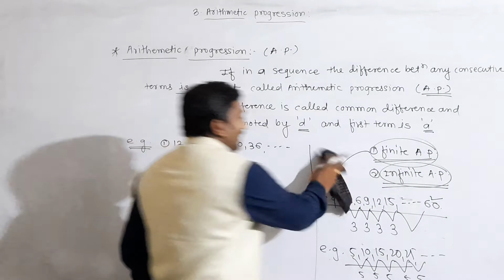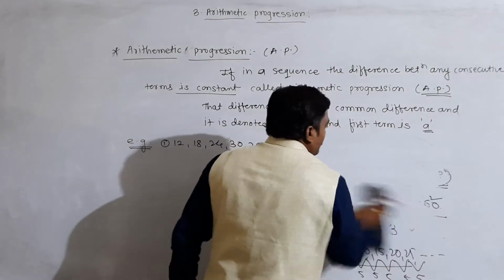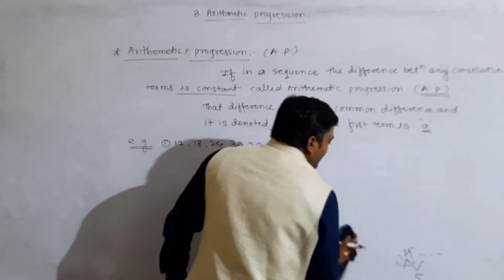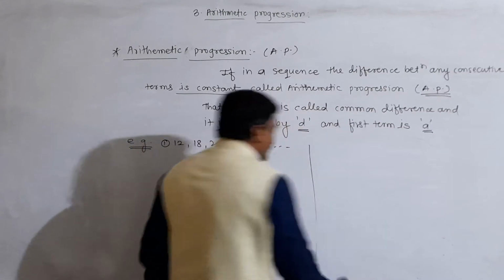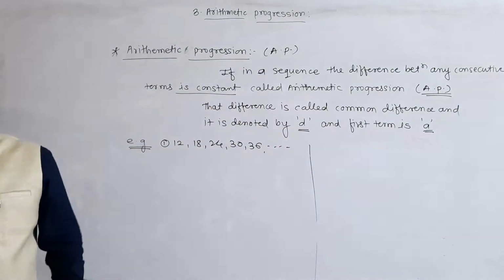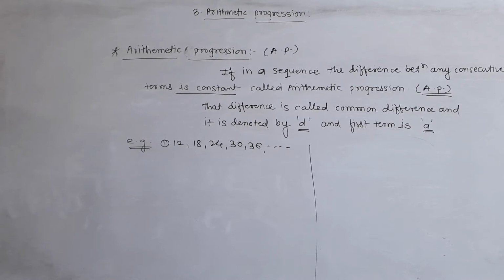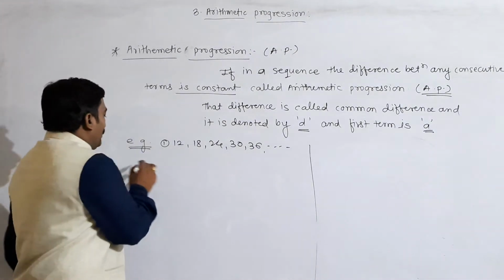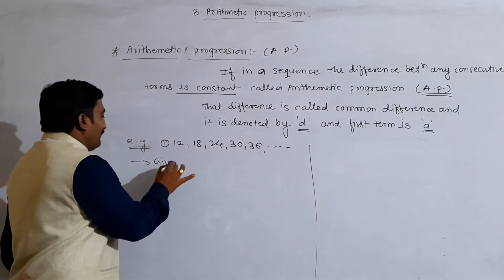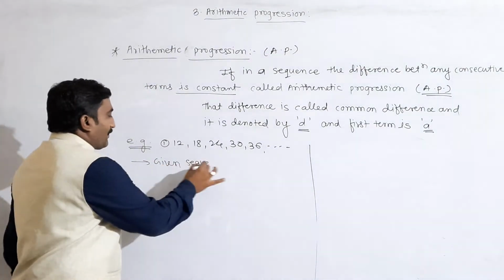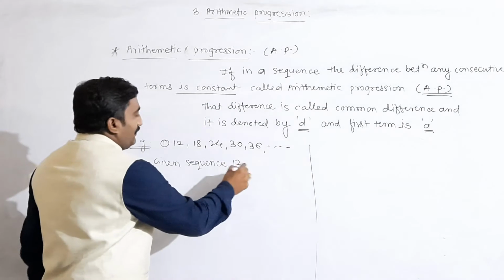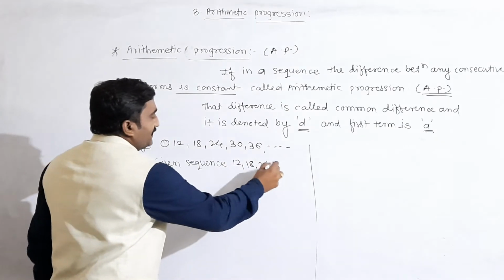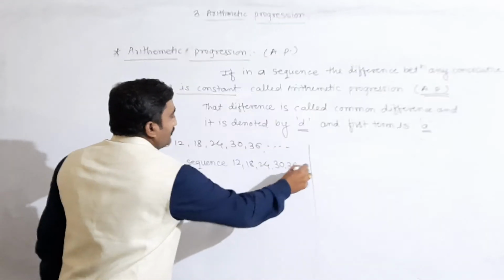So let us study some given sequences. Firstly decide whether the given sequences are in AP or not. The first question in your examination: which of the following sequences are in AP? The given sequence is 12, 18, 24, 30, 36, and so on.